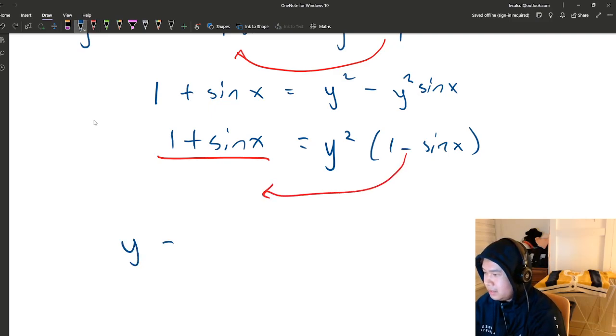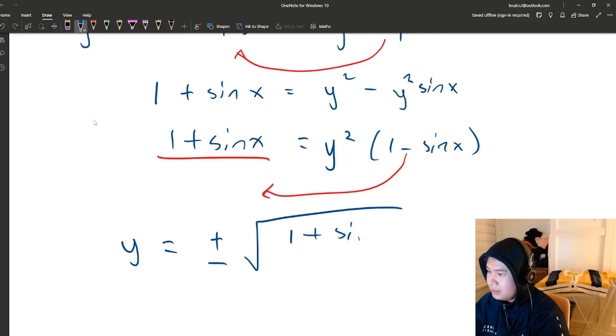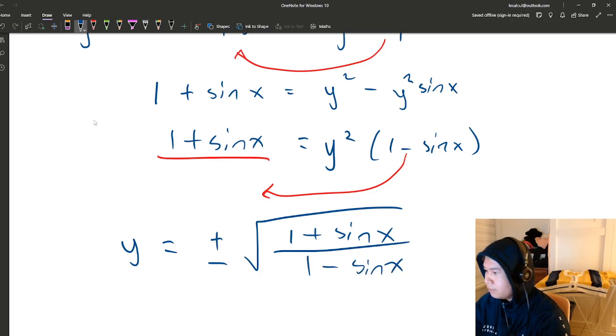And then take the square root. So this is plus or minus the square root of 1 plus sine x over 1 minus sine x.